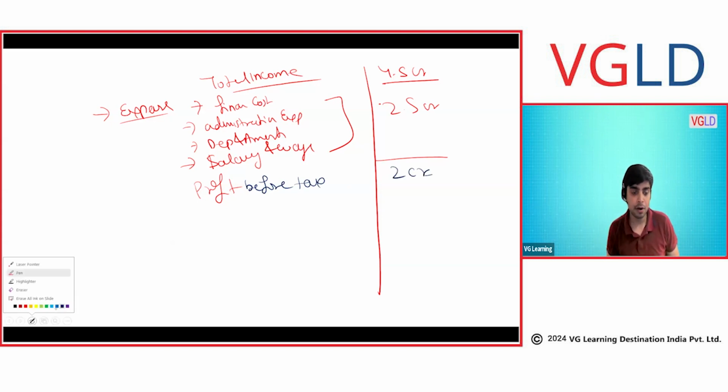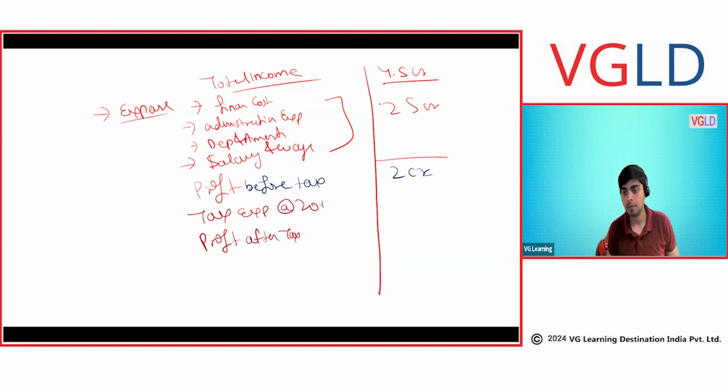Then there is something called tax. Can anyone explain to me what is tax? Tax expense, let's say 20%. And then profit after tax. 20% on 2.4 crore. Tell me, what is tax?